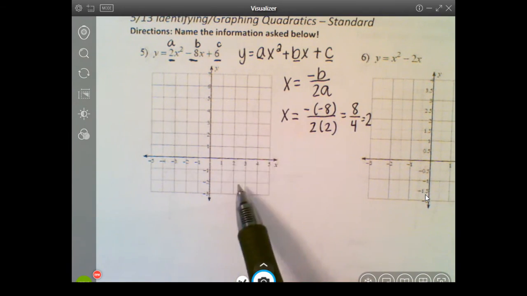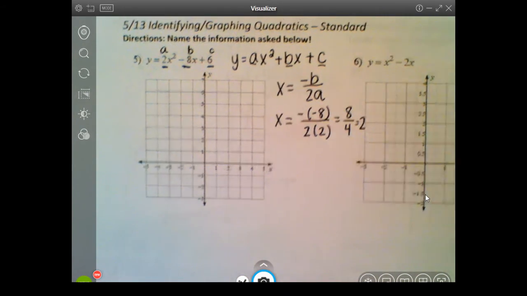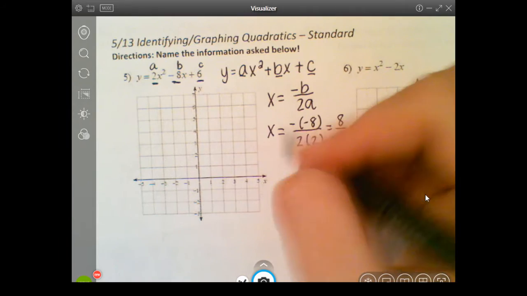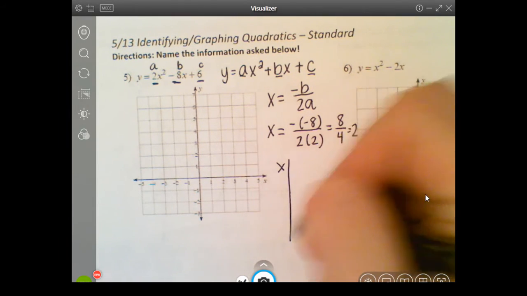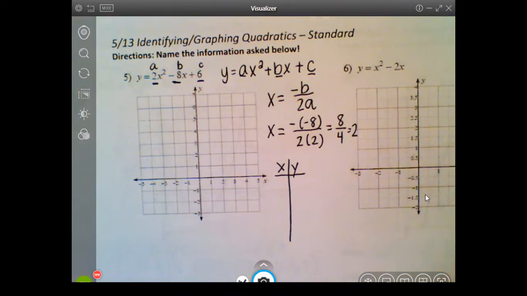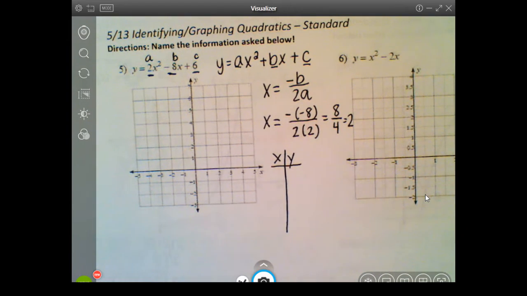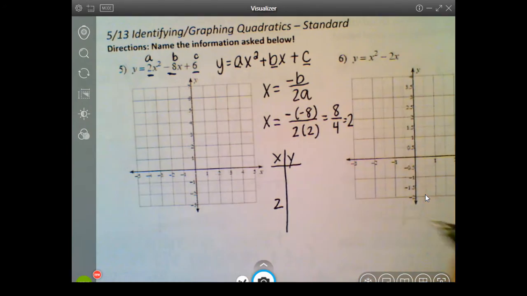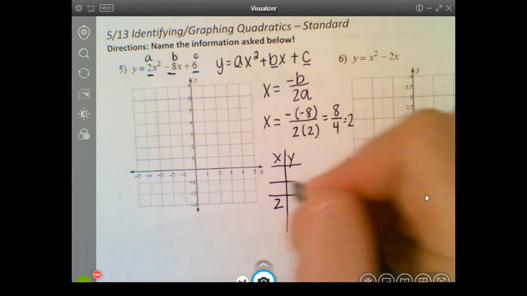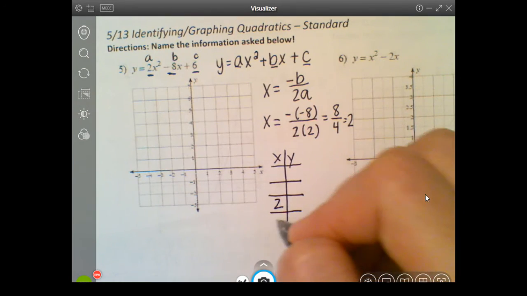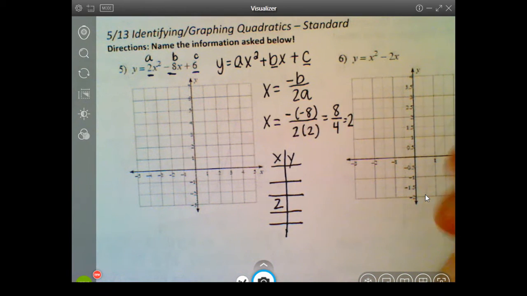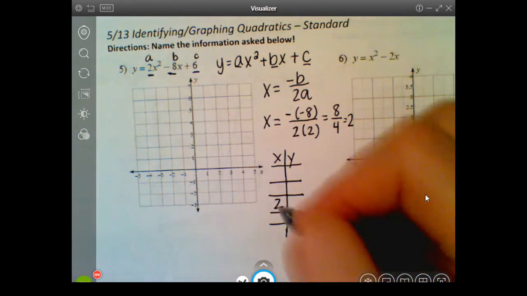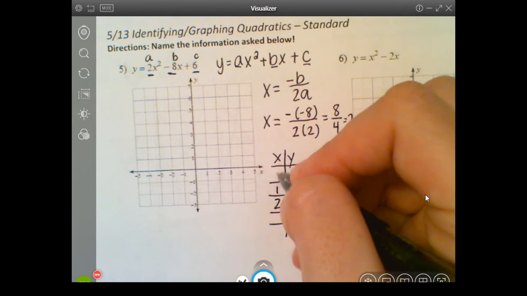It could be up here, it could be down here. We don't know. So what I'm going to do now is I'm going to make a table of values. And everybody is going to always find this many, if possible. So I'm going to put 2 in the middle, and I'm going to find 2 spots above it and 2 spots below it. So I'm just going to go whole numbers. So smaller than 2 is 1 and 0.